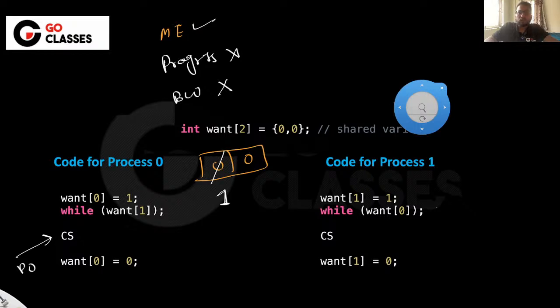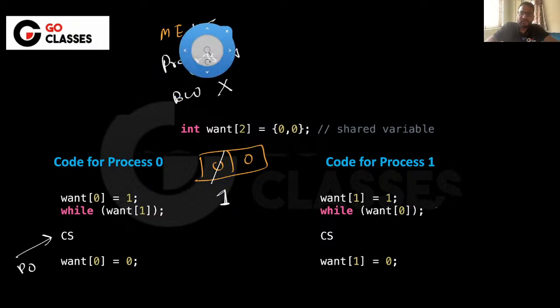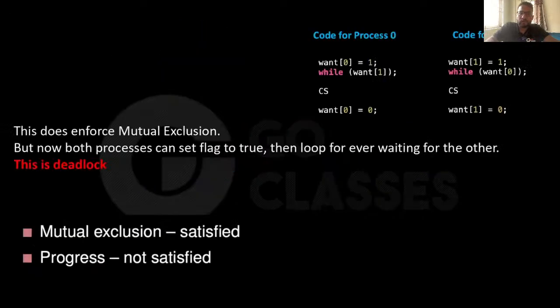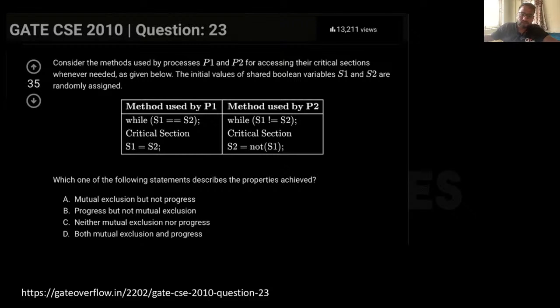Okay, moving further. Now let's take some GATE questions so that you can have good practice. Let's take this GATE question. It says: consider the methods used by the processes P1 and P2 for accessing their critical sections whenever needed, as given below.